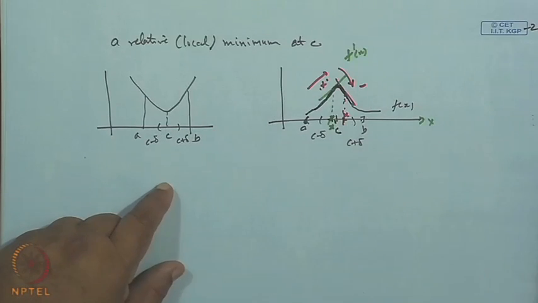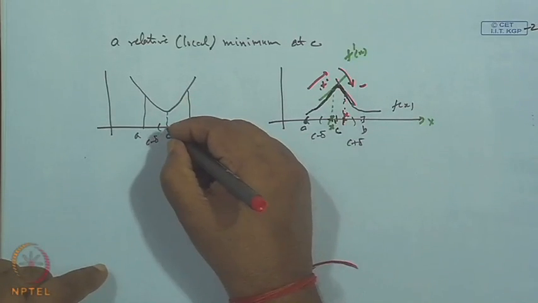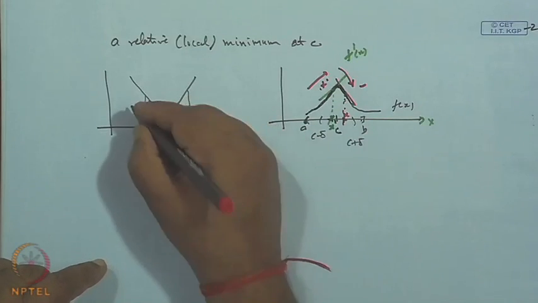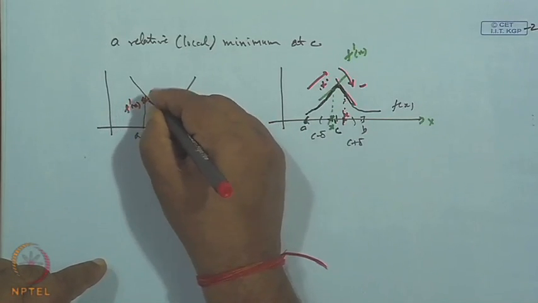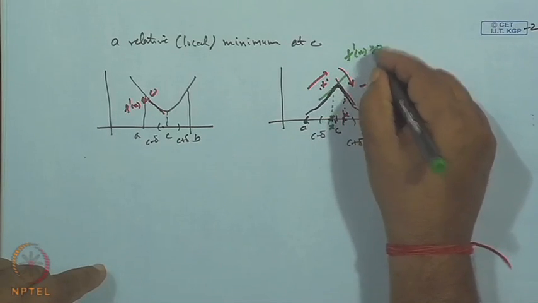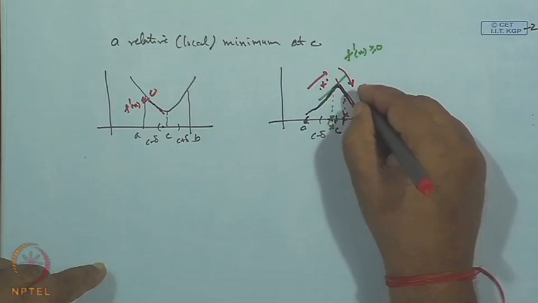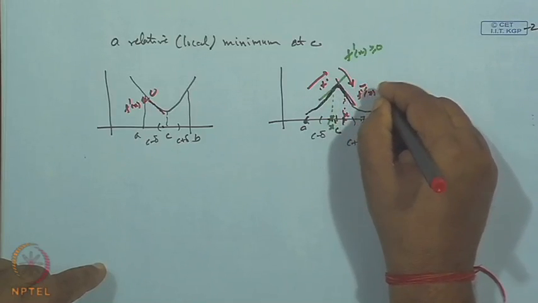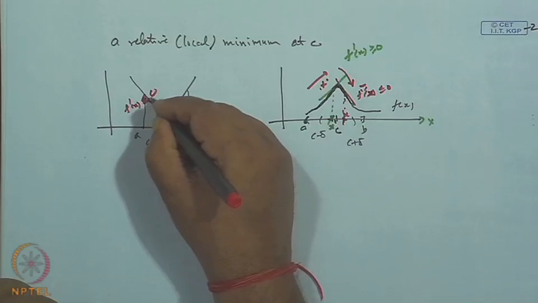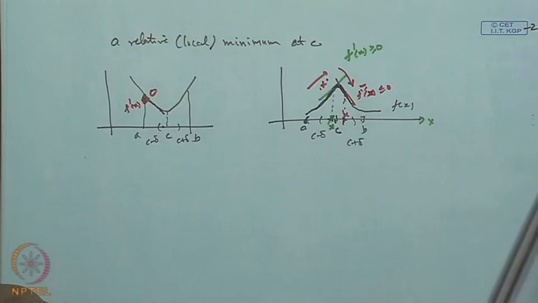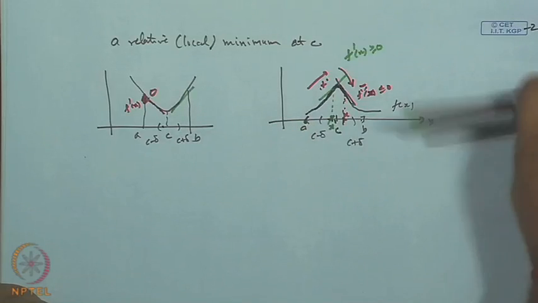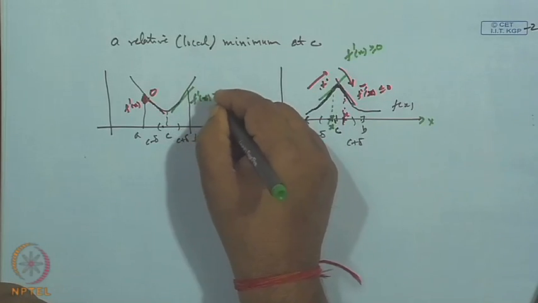When you pick a point on the left hand side of this and draw the tangent, f prime x here is negative, non-positive, meaning f prime x is less than or equal to 0. And then when it goes to here it is positive. So, here f prime x is greater than 0.